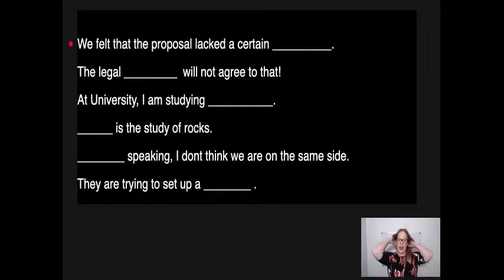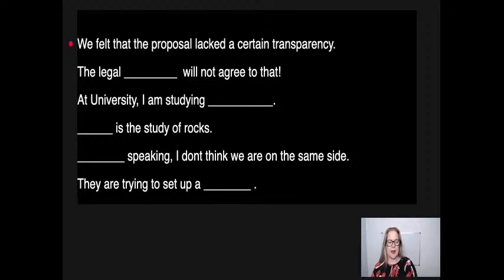We felt that the proposal lacked a certain what? Who thinks they know? Who's fast at typing here? We felt that the proposal lacked a certain transparency.